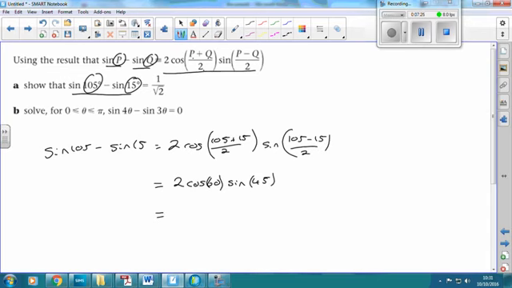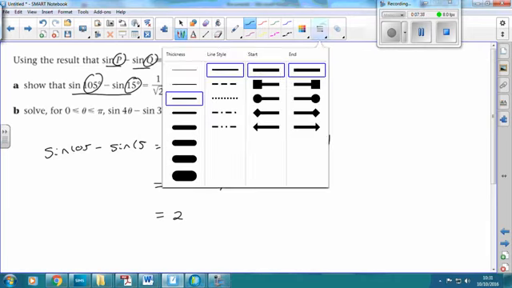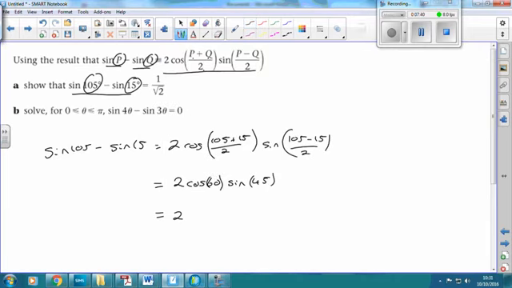Okay, so then if we multiply that together, cos 60 is a half. 2 times a half times root 2 over 2. So 2 times a half is going to cancel out, so we end up with root 2 over 2.